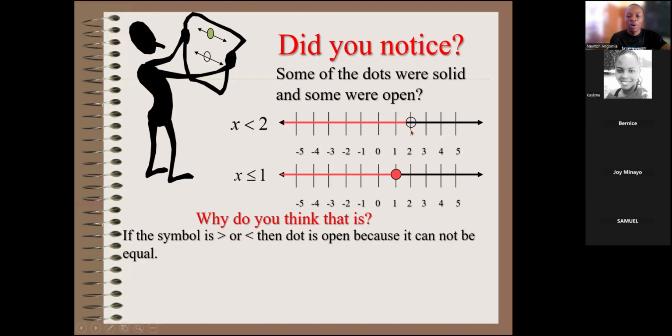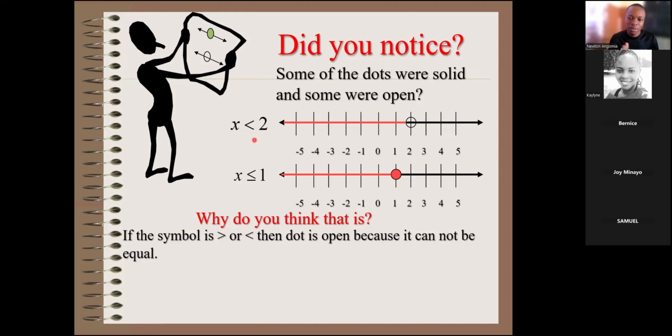If you have an open representation or box or dot, then it means your inequality contains only the symbol of either less than or greater than. All right? And you decide on moving to the right or to the left. Moving to the left means your quantity is less than that particular number.